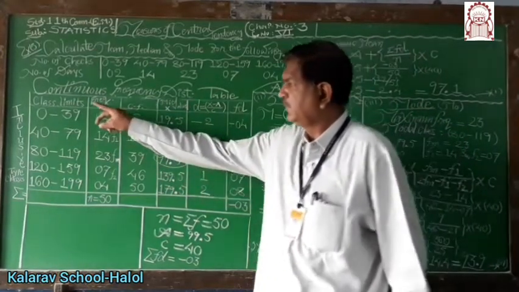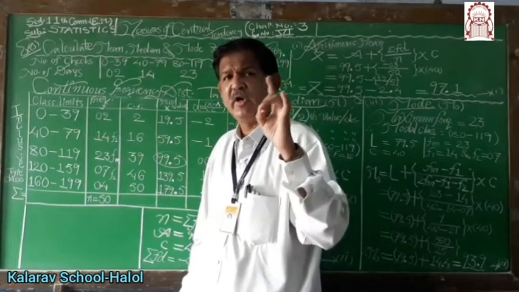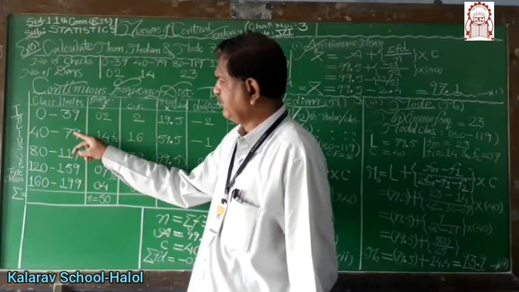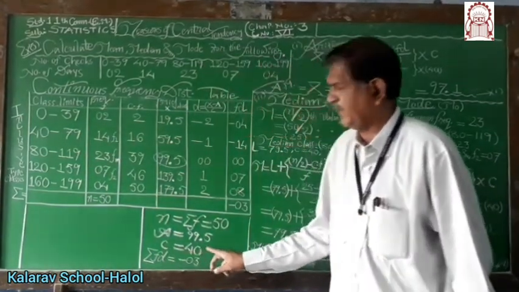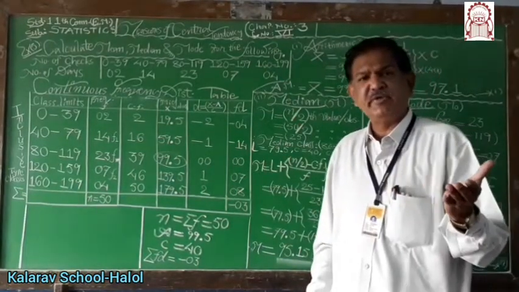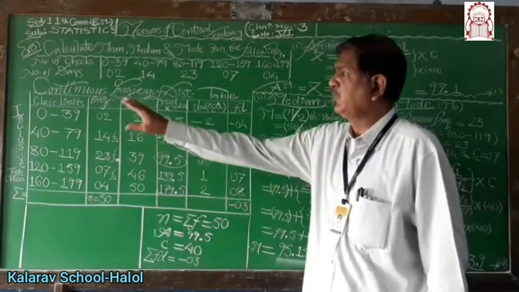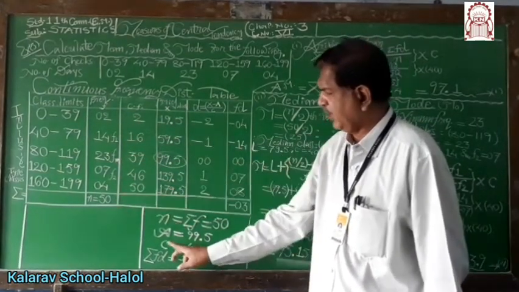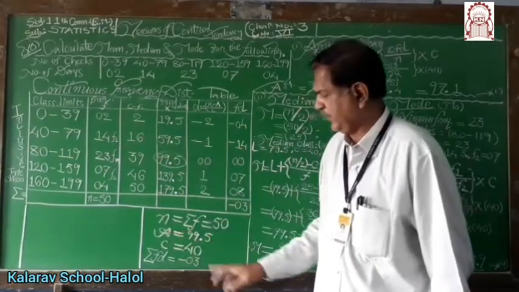These are the classes in which the class interval or class width remains the same. The class interval is measured as this value, 40. C means class interval is 40. Whether it is exclusive type or inclusive type, C remains the same, 40. If classes 0 to 40, 40 to 80, 80 to 120 and so on are given, then also C is 40.